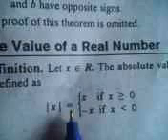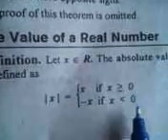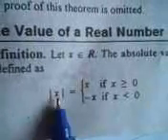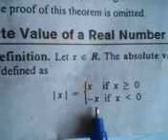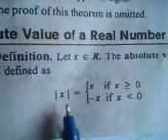The mod of x is equal to x if x is a positive number or if x is 0, and if x is negative, then the mod of x is equal to minus x. I will explain it.